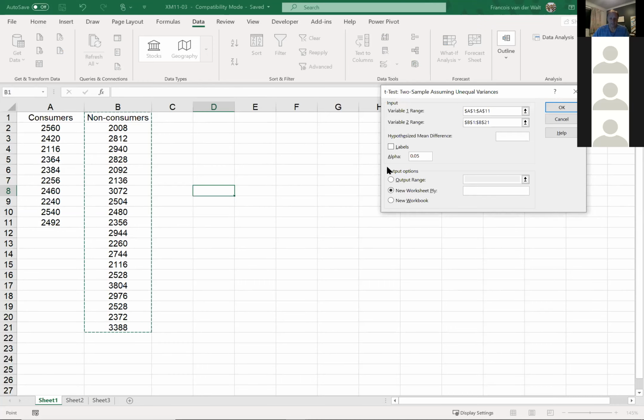Click this thing that says labels. We expect the difference to be 0, because you'll see next week when we do hypothesis testing, we always assume that the difference is going to be 0. Okay, just believe me.